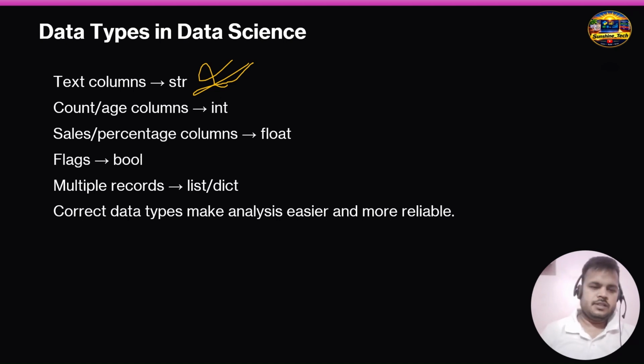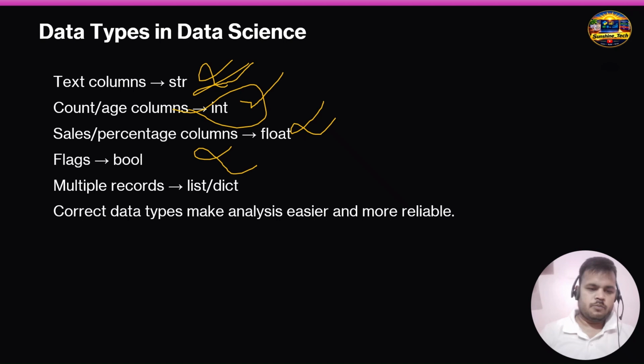Any number which is a count or sum, like age, is an integer, not a point number, and like a row count. A sales percentage column is an example of floating point. Flags are an example of boolean, on or off. Multiple records are a list, and maybe a dictionary. The correct data type makes analysis easier and more reliable.